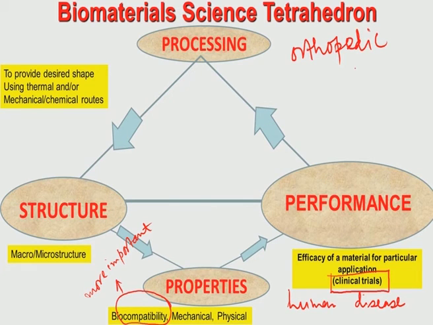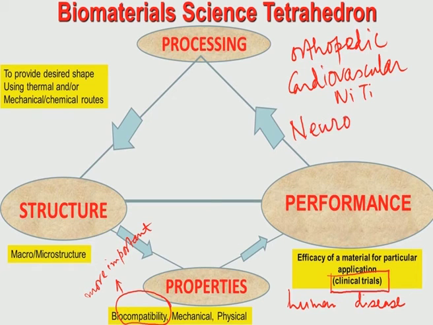There can be cardiovascular applications like stents, where shape memory alloys like nickel titanium based alloys are used. There can be neurodegenerative diseases, which may require nerve replacement by elastically compliant materials. These are some of the applications where biomaterials play an important role.